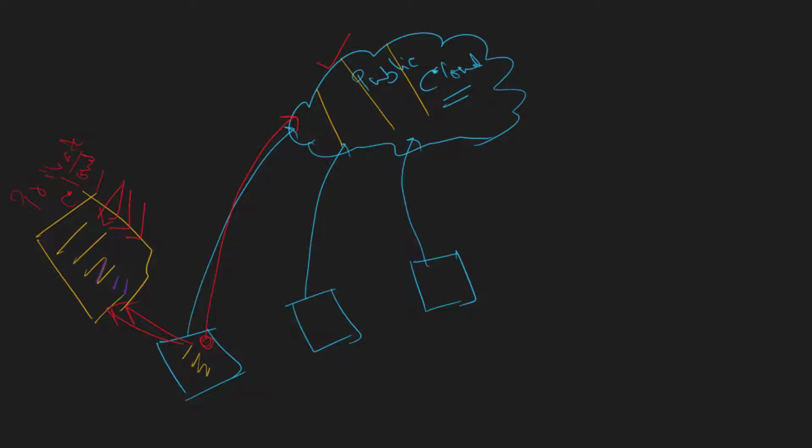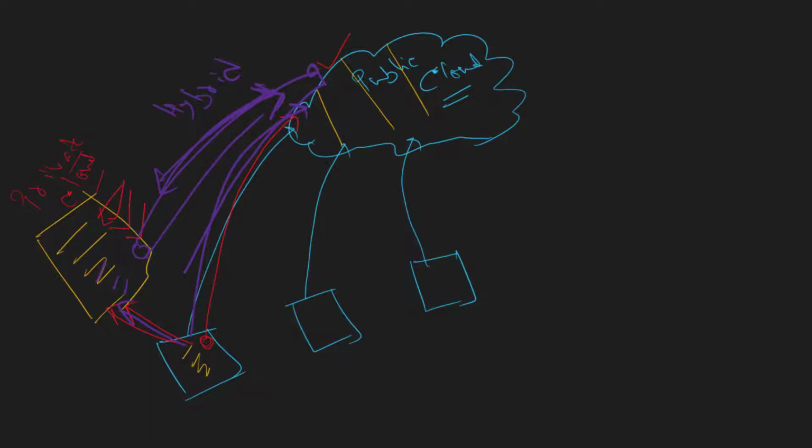Now, when you need these two together, we are calling it hybrid. So you have certain applications which you cannot put into the public cloud environment. You maintain them on your own data center. But some of the applications you can run in your public cloud environment. But in the case where you need some integration between these two environments, we generally use this hybrid cloud mode where the private cloud and your public cloud are connected with a secure network.